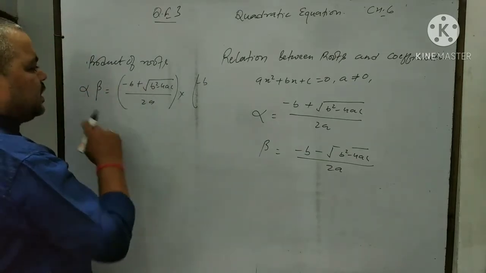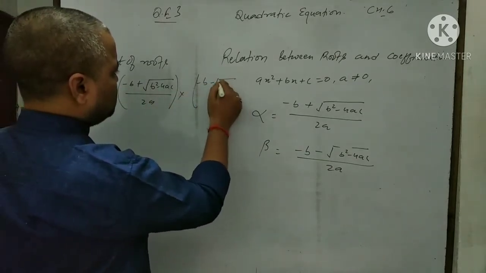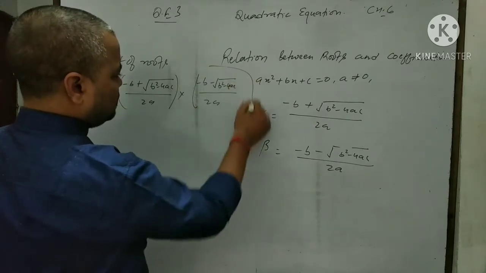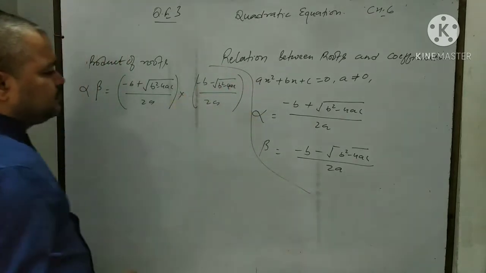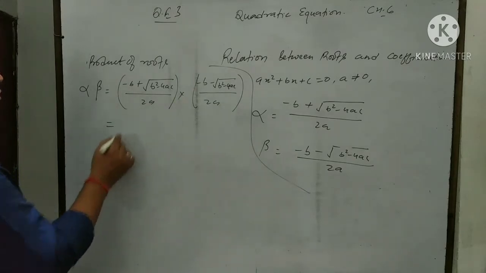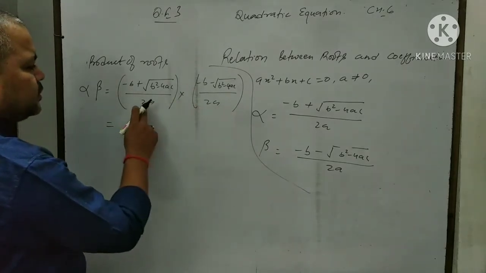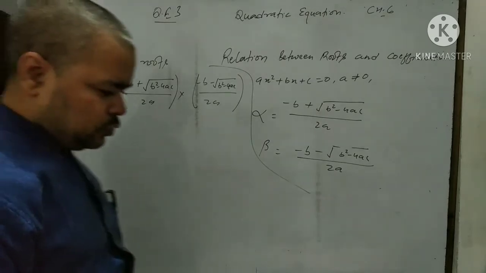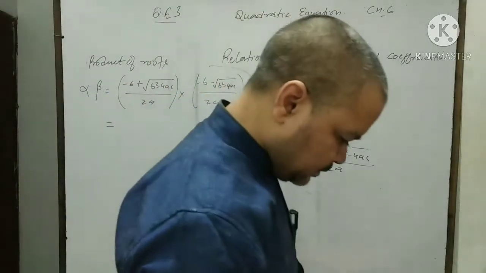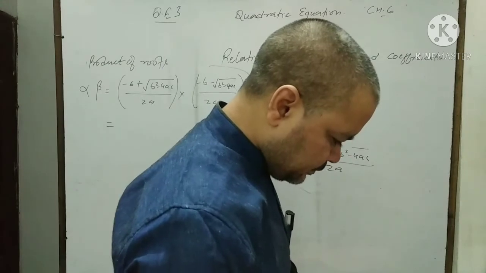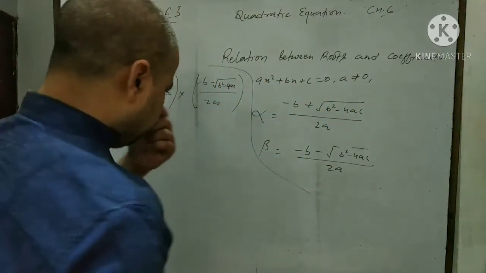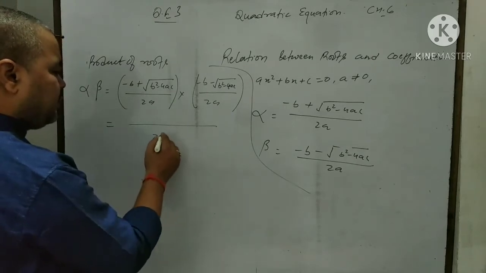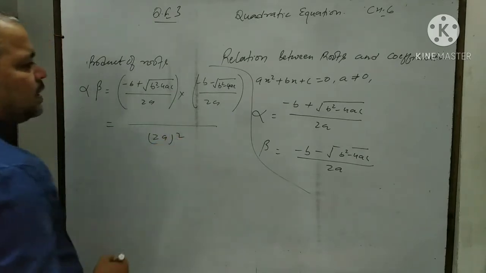Alpha means plus and beta means minus under root b square minus 4ac by 2a. Now denominator 2a into 2a, it will be 4a square.